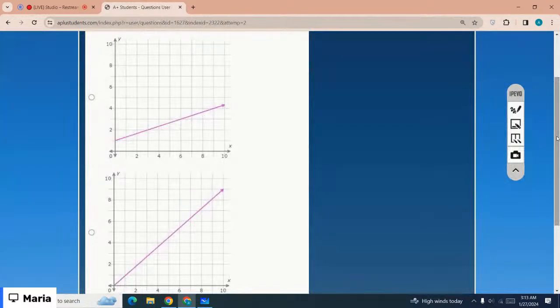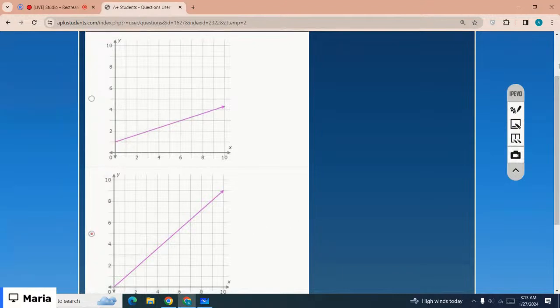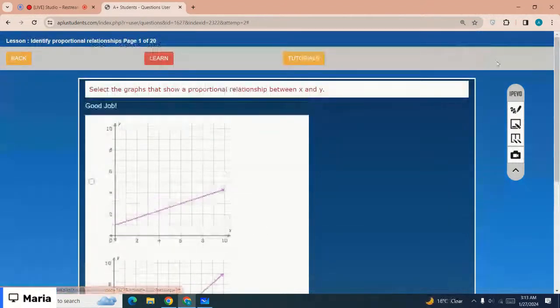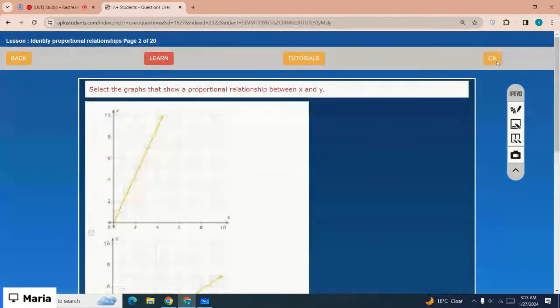The graph of a proportional relationship is always a straight line and must be passing through the origin. So the correct option is the second one. The second one is the correct option because that is the graph that is passing through the origin and represents the relationship between x and y that is proportional.